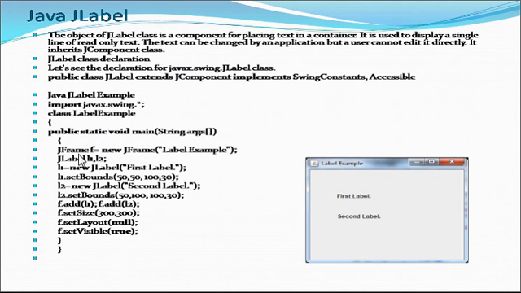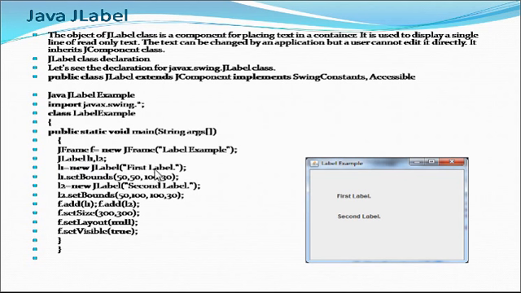In the main method, JFrame is imported, f is an instance of JFrame, and the title is Label Example. L1 and L2 are variables of JLabel, and L1 and L2 are instances of the JLabel class.